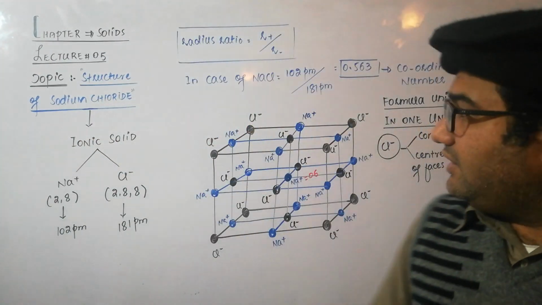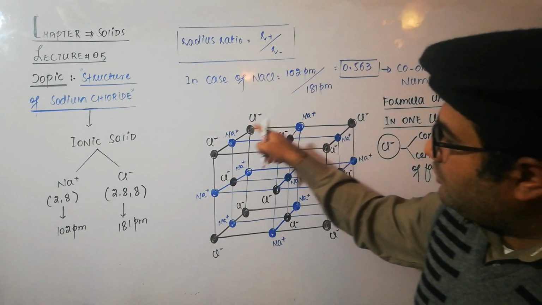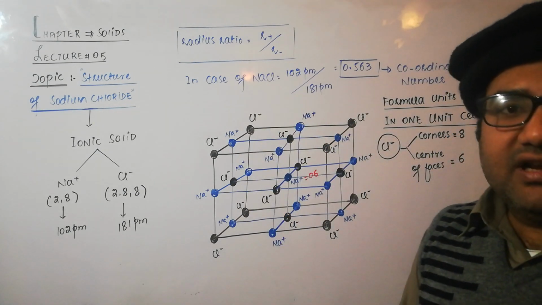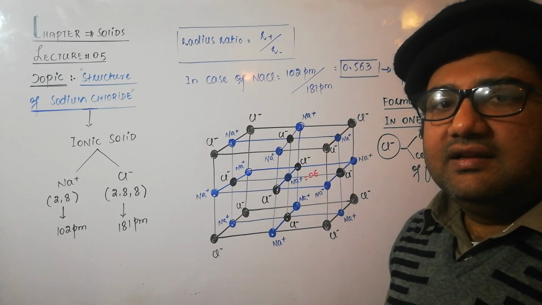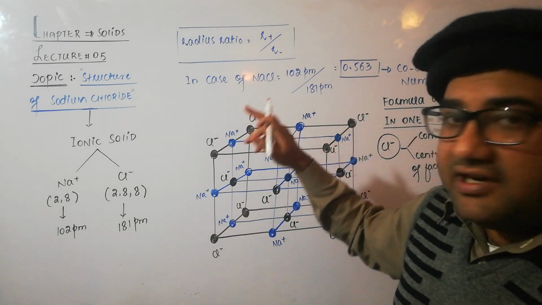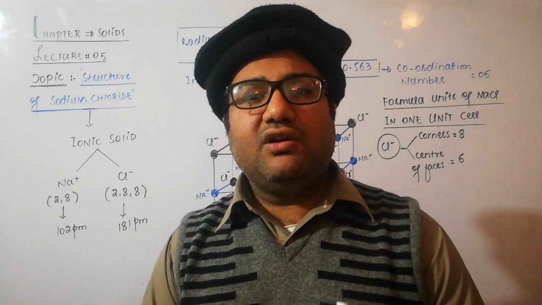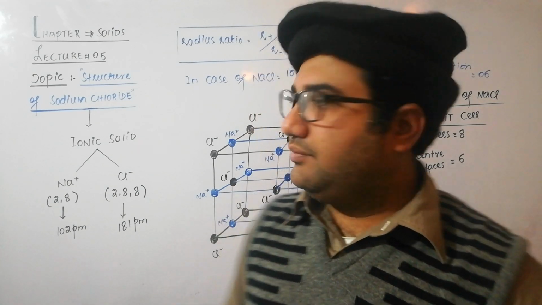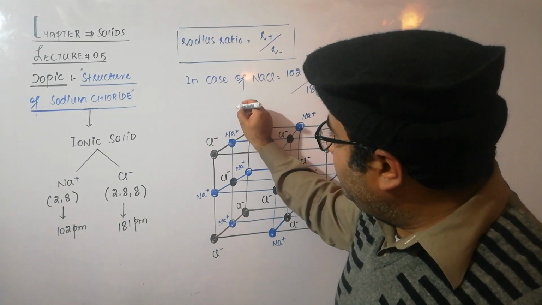Now every chloride ion which is present at the corner, when we draw it in the three-dimensional fashion, is shared between 8 cubes. Meaning one corner of a cube is always shared between 8 cubes. So this chloride ion will be 1 by 8.